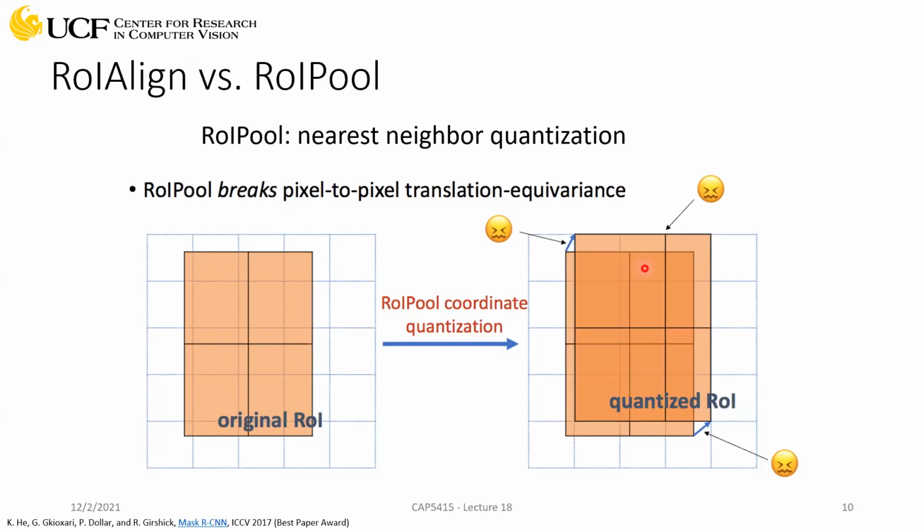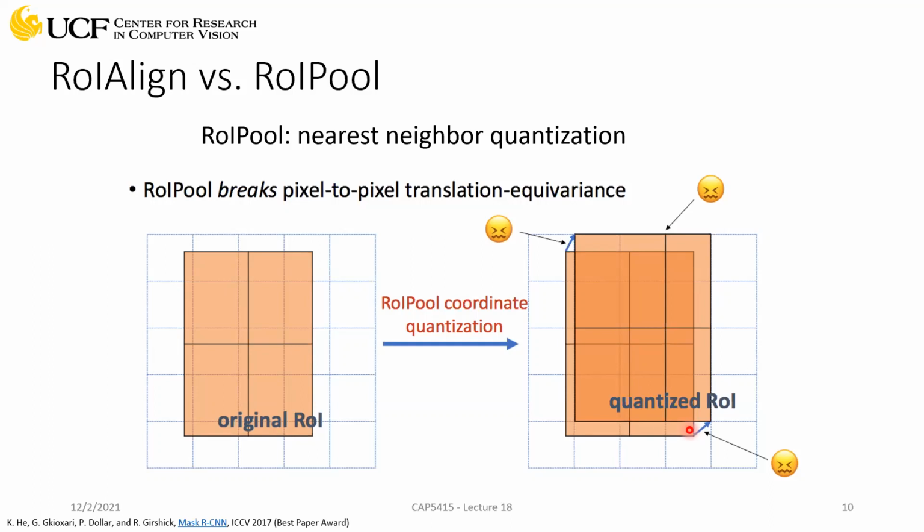Now, what is happening here is the actual region which was at this location is getting missed. We are not getting any features from there, but this was actually part of that region, and we are getting this extra region here, which was not part of the object. That's one of the drawbacks. This adjustment was fine for object detection, because we are not finding very fine boundaries.